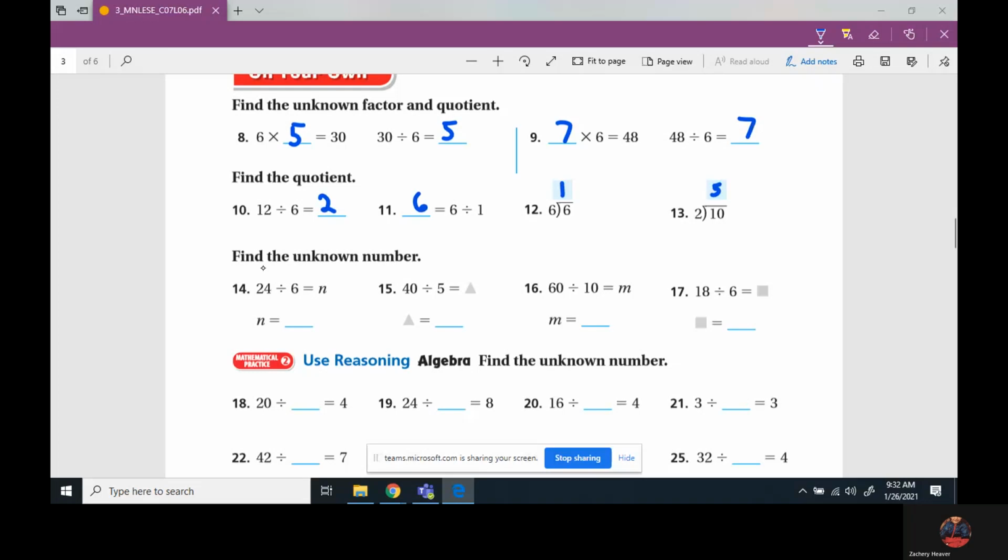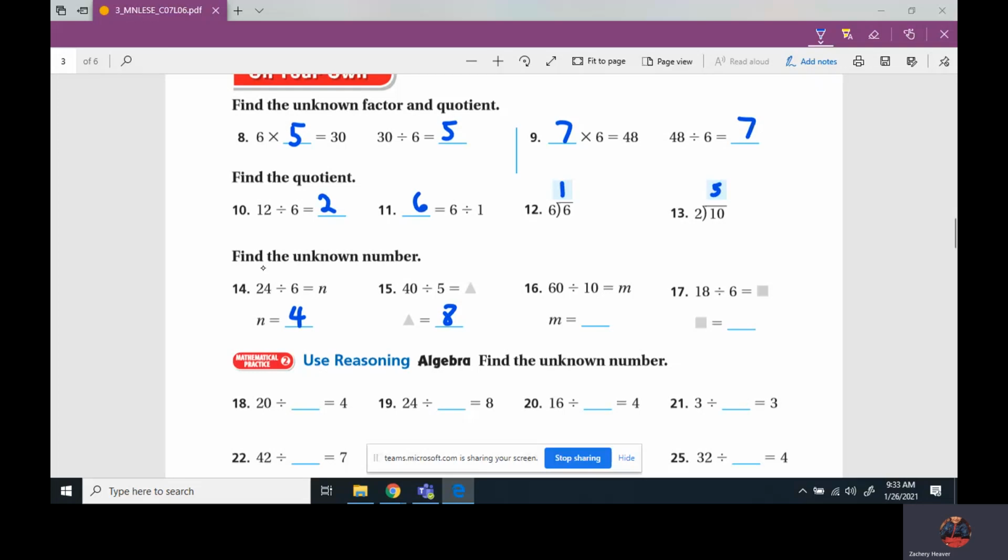4. McKenna, 40 divided by 5 equals triangle. What's your triangle going to equal? You can skip count this one. 8.